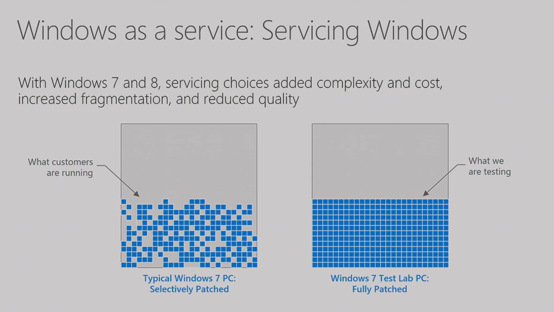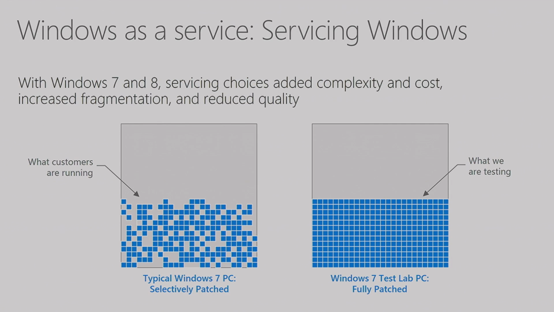When we talk about patching, we have some challenges. With Windows 7 and Windows 8.1, a lot of you selectively patch your PCs. You tend to deploy all the security updates that we release, but not all of the non-security updates. So it kind of leaves us in a situation where we've got all of these PCs that have different collections of patches applied to them.